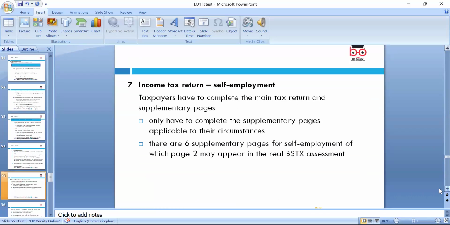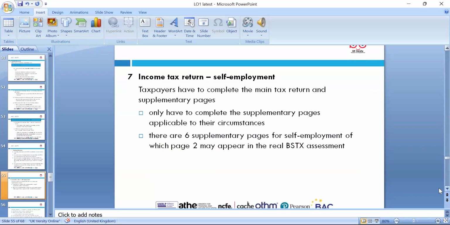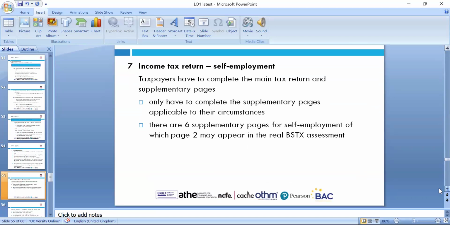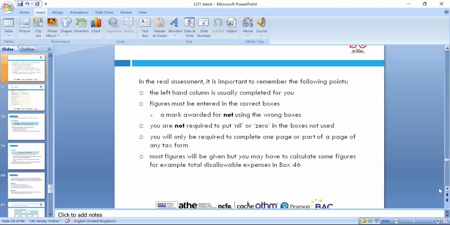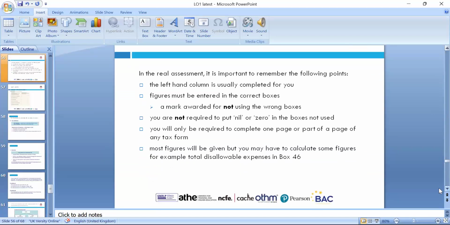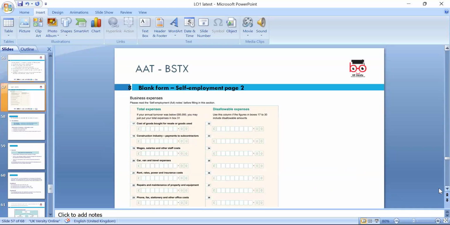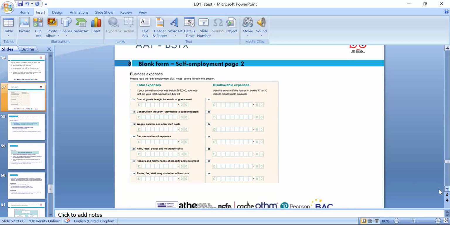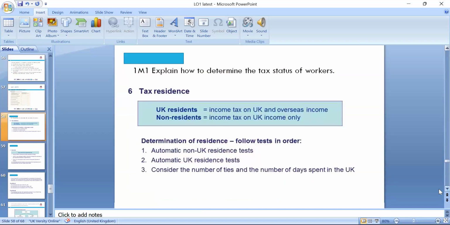So these are the income tax points, and the self-employed complete the main tax return and supplementary pages. We have to look around six supplementary pages in the self-assessment tool, and the self-assessment form, which we can fill in for the different sources, disallowable expenses and allowable expenses.